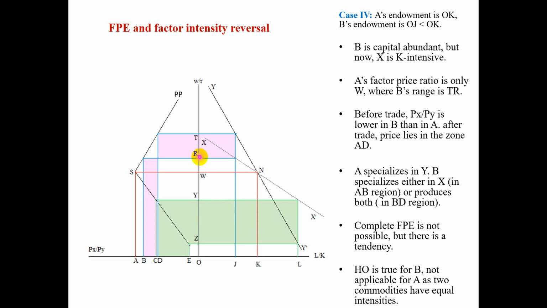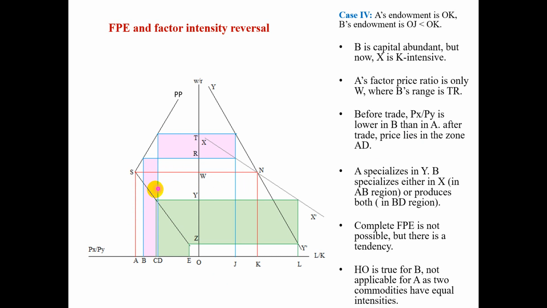So before trade, Px by Py is lower in B than in A, because B's Px by Py will be lying in this zone, whereas A's relative commodity price will be given by OA. So therefore, Px by Py is lower in B.